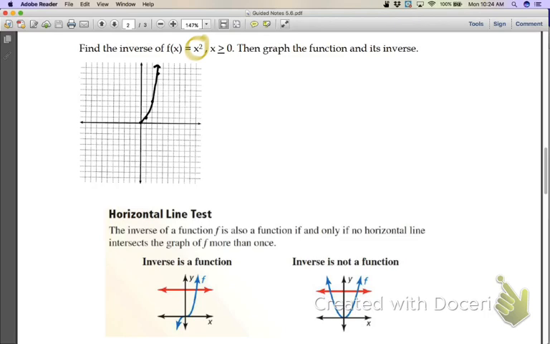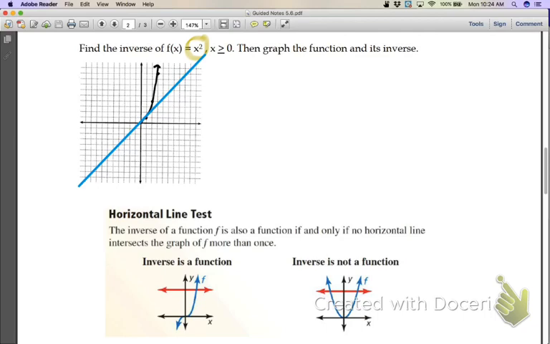Okay? Because whenever we find the inverse of any graph, it's basically going to map over this line right here. So my inverse function is just going to go straight over. It's going to be a reflection over that imaginary line y equals x. The problem is the original function is x squared.